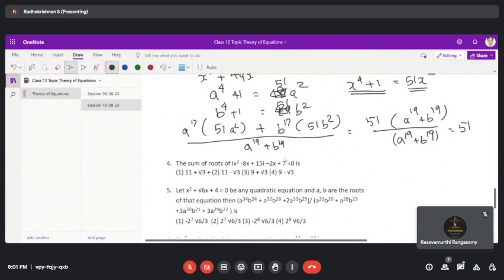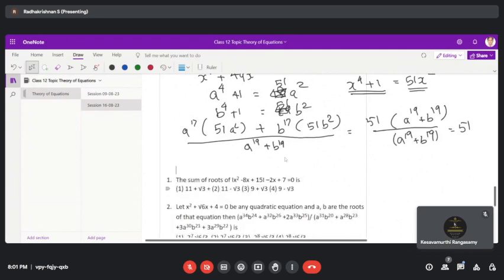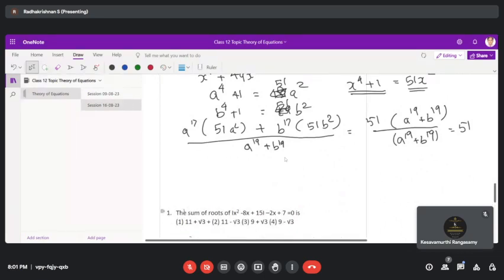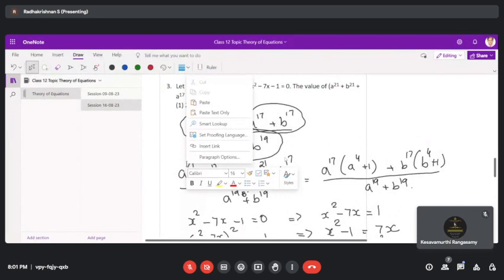There is a way to get all these different powers, a power n plus b power n, from a plus b and ab.